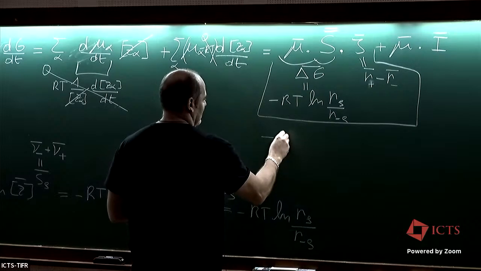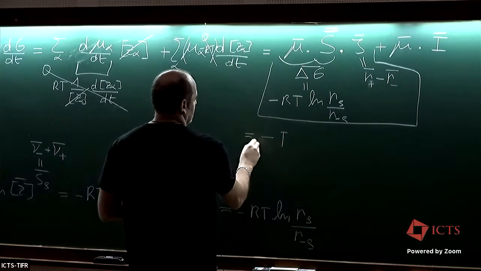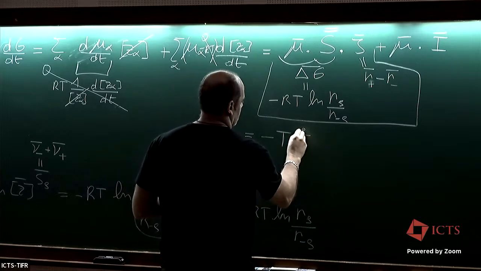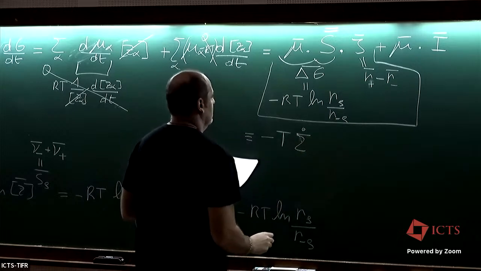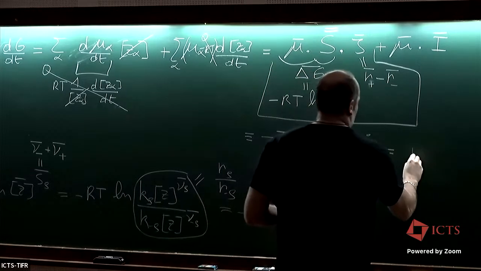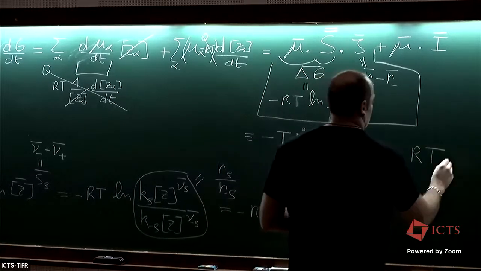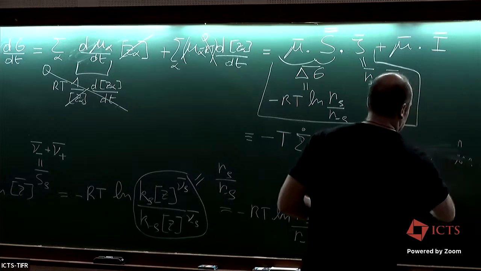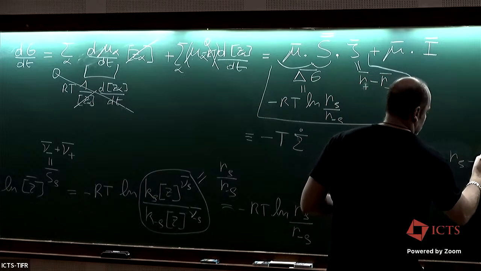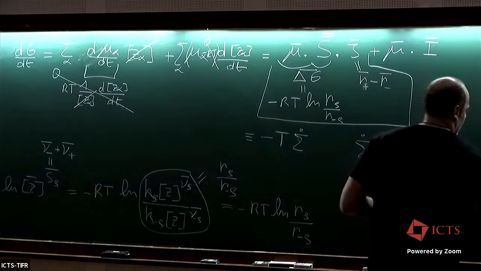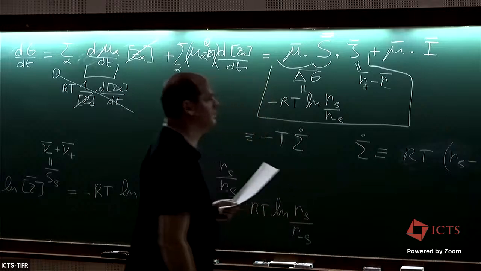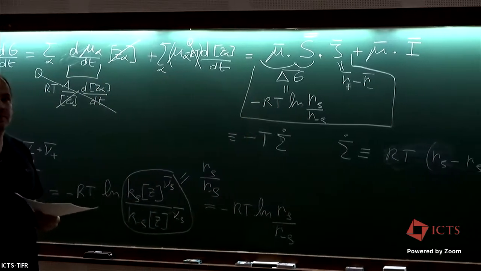And indeed, I will define it as minus T, the entropy production rate, where the entropy production rate is going to be now defined as R T log, well, actually, usually it's written, let me simply reorder it, because it's more commonly seen like that. You agree?